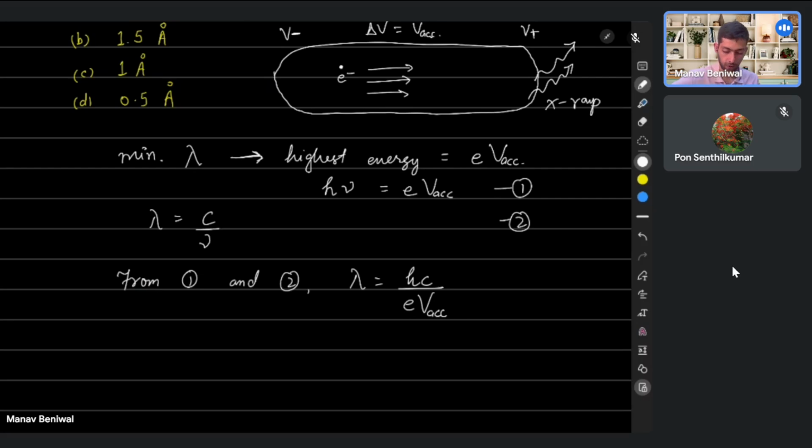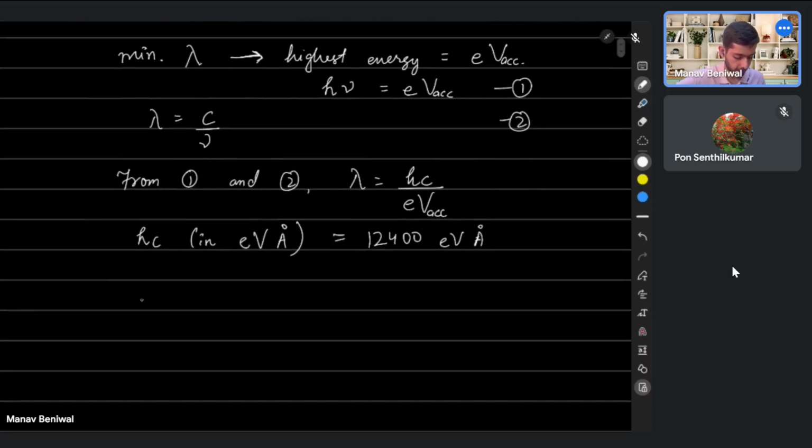And now we know all the values. So the value of hc in electron volt angstroms is given by 12400 eV angstroms.